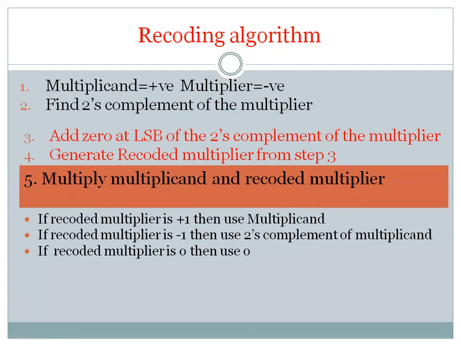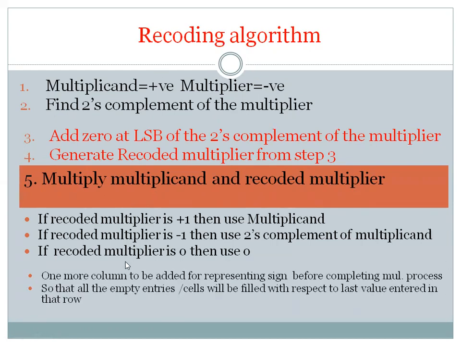And you have to add one more column for representing the sign bit. That's why one more column has to be added for representing the sign. So the empty cells that are created will be filled with respect to the last value entered in that particular row.